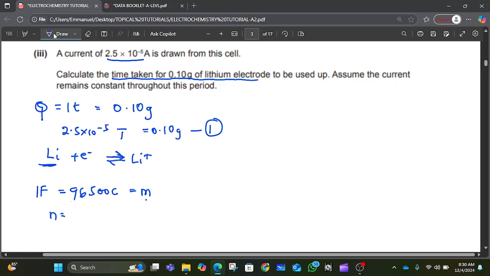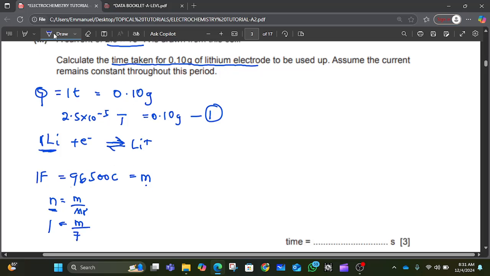Amount is equal to mass over molar mass. The amount of lithium used up is 1 mole, and so we put 1 here is equal to the mass divided by the molar mass. And in this case, the molar mass of lithium is the same as the atomic mass, and so that will be 7 grams per mole from the periodic table.